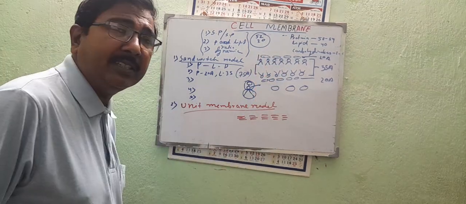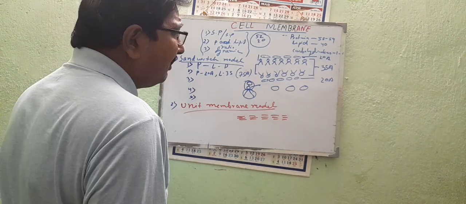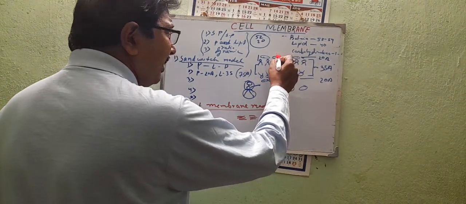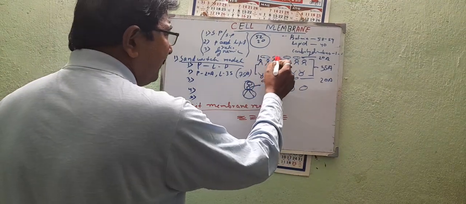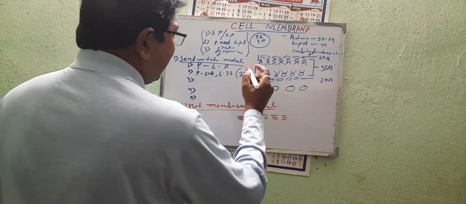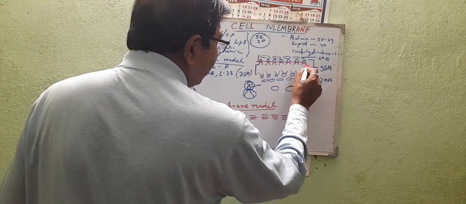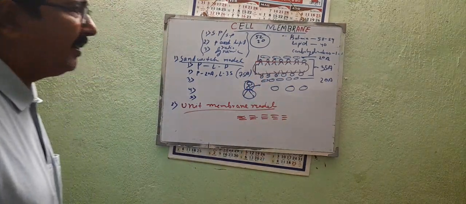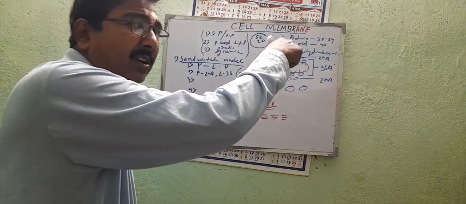But water-soluble substances come through the protein, no problem. They come through the hydrophilic parts, the head, no problem. But the problem is the hydrophobic parts. From this hydrophobic part, water cannot transfer.